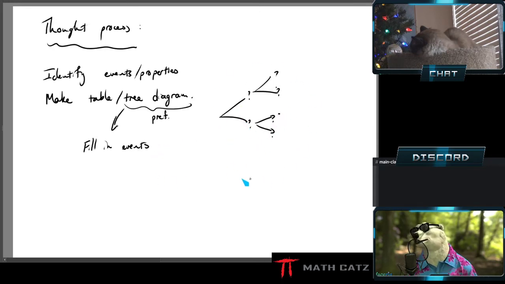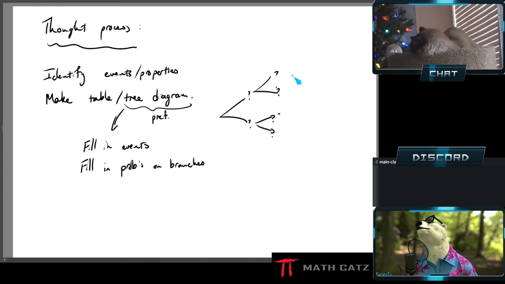So I want to map things out, and then, assuming you're doing a tree, which is most often going to be the case unless they force me to make a table, and then it's much simpler, so I'll skip that, fill in the events, fill in the probabilities on the branches. And we talked about yesterday how some of these are straightforward conventional probabilities.